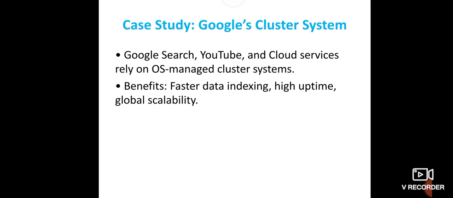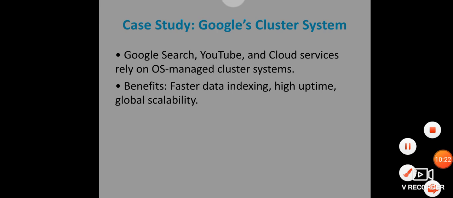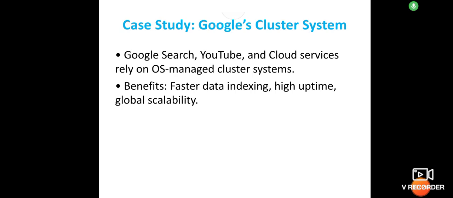Another case study is Amazon Web Services. AWS provides cloud-based cluster solutions like EC2 Auto Scaling and Elastic Load Balancing that ensure high availability and efficiency for businesses worldwide. In studies like these, cluster systems are used to solve problems.